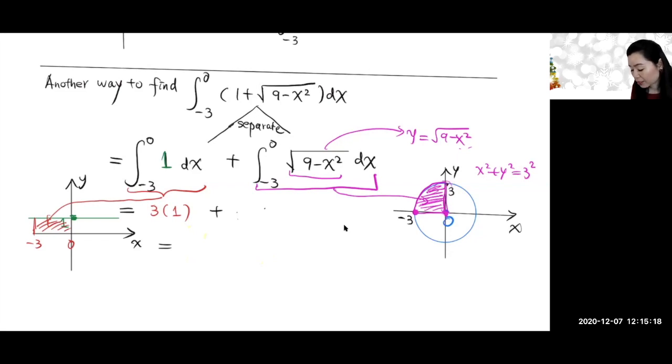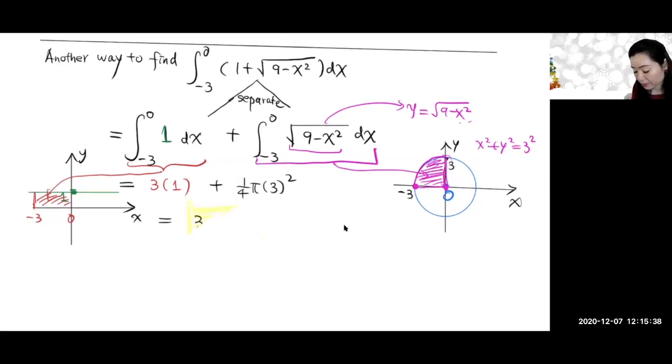This one over here corresponds to the area under this upper half circle, and x here goes from -3 to 0. So it will be a quarter of this circle, which is going to be 1/4 times pi times 3 squared. So altogether, the area under this integral will be equal to this. So that's another way to do it.